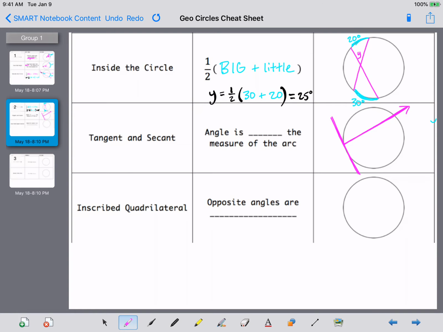That's actually very similar to what we talked about with the inscribed angle. So a tangent and a secant give you an angle that is half the measure of the arc.